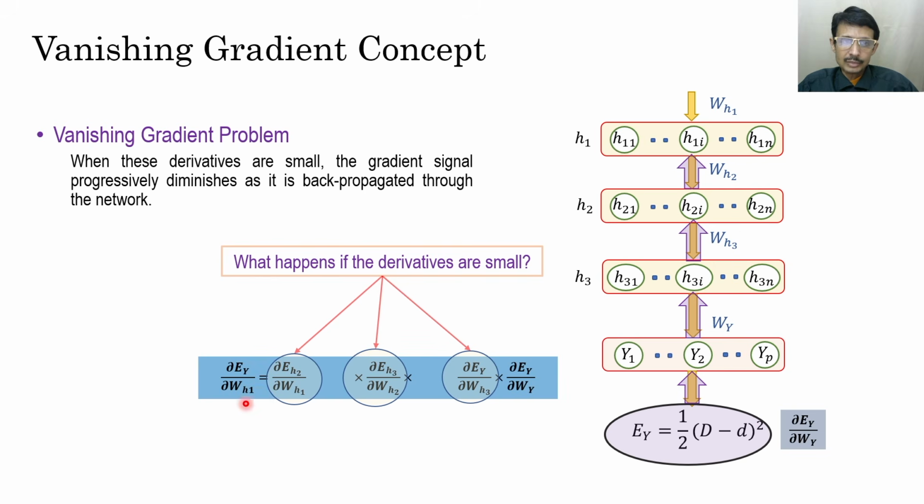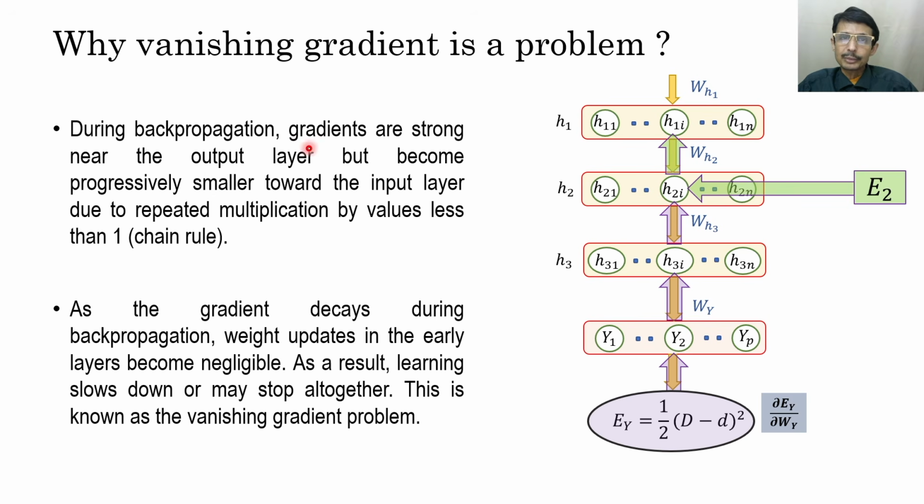So ultimately, for h1 or close to h1, h2 in a bigger network, these values become very close to 0, because we keep multiplying small numbers. So during backpropagation, gradients are strong near the output layer, but become progressively smaller toward the input layer, with the repeated multiplication of values less than 1.